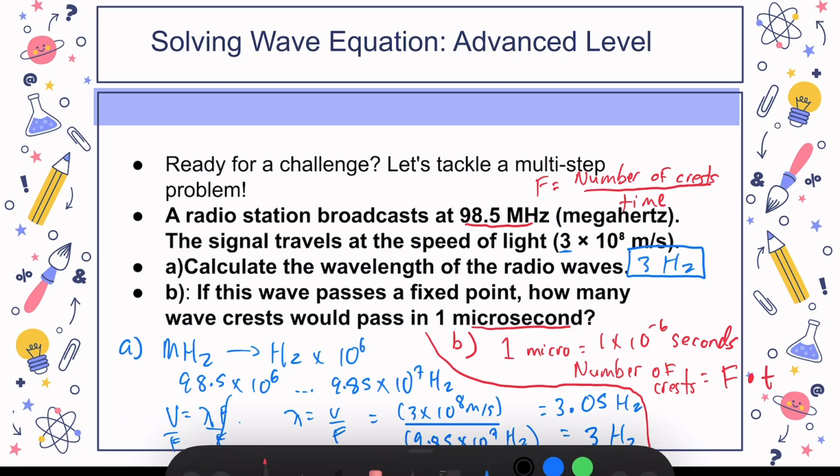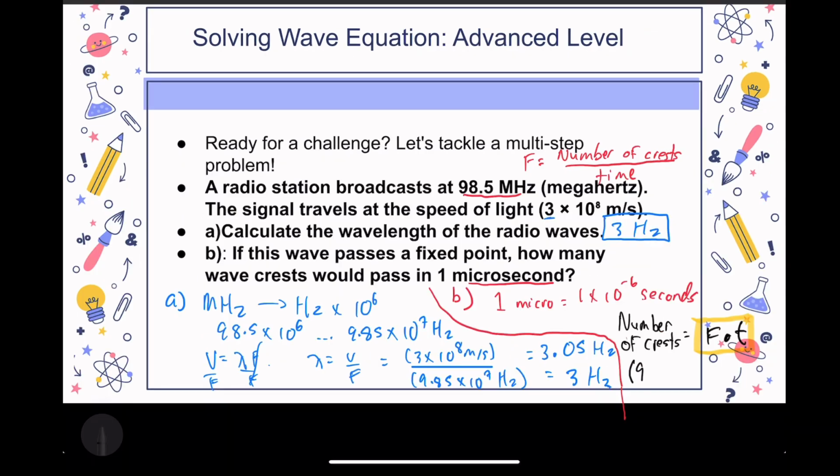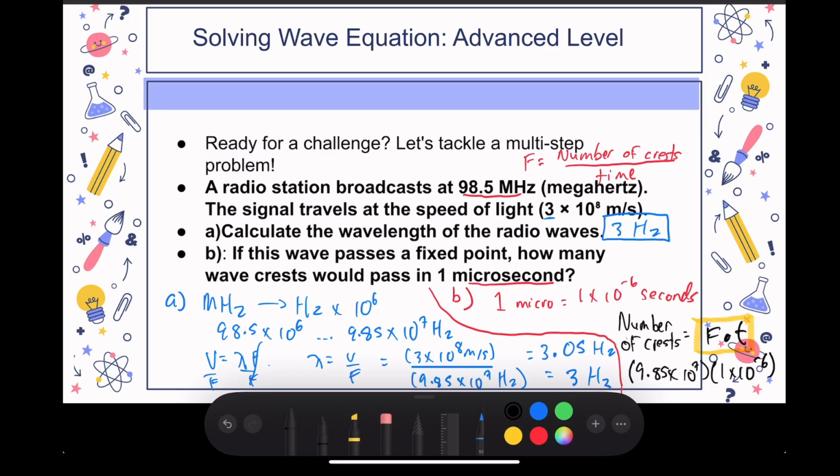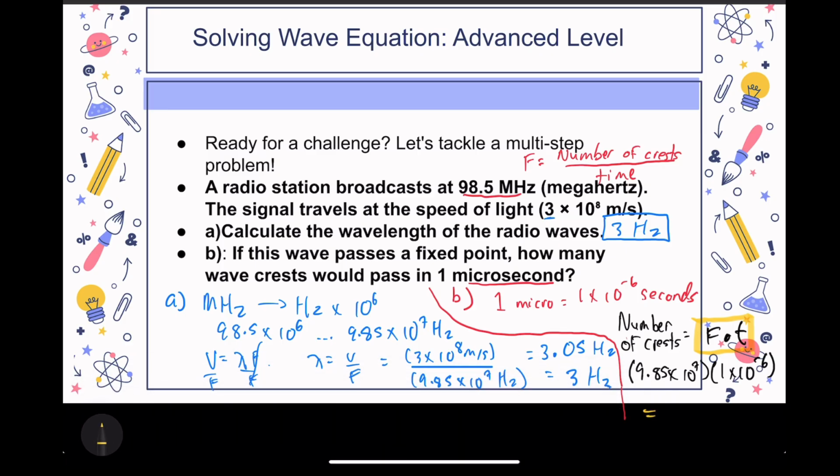That's the most appropriate formula over here. And then plugging everything in, and I'll write that answer in yellow at the very bottom here, that is going to give us about 98.5 crests. And that would be the final answer over here.